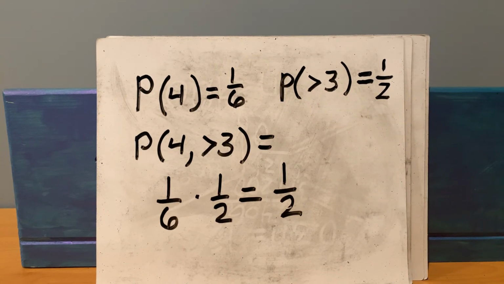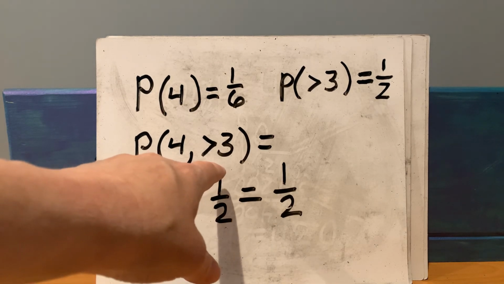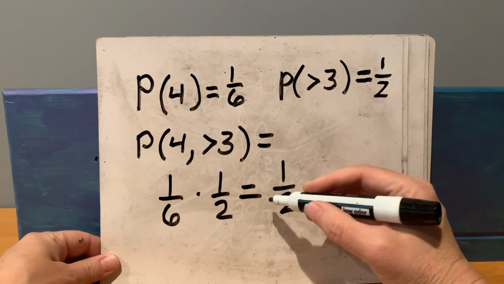There are 3 numbers greater than 3 on a die, so the probability is 3/6, which reduces to 1/2. So the probability of rolling a 4 and then a number greater than 3 would be 1/6 multiplied by 1/2, which equals 1/12. And I wrote that wrong, so let me correct it.